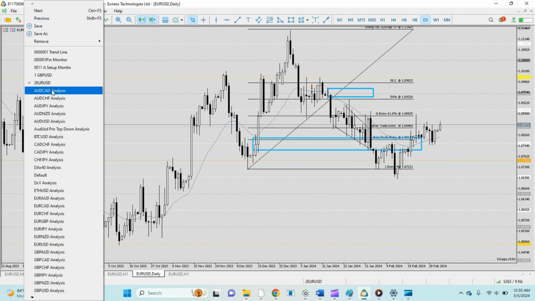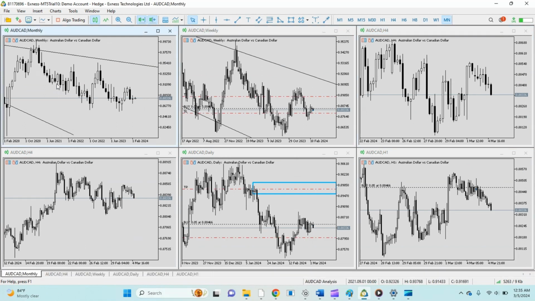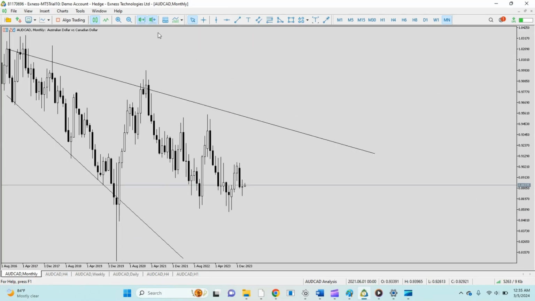So let's go to AUDCAD analysis. On the monthly time frame, it's in the middle of the descending channel.